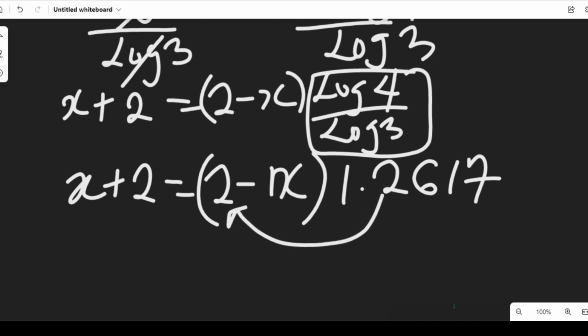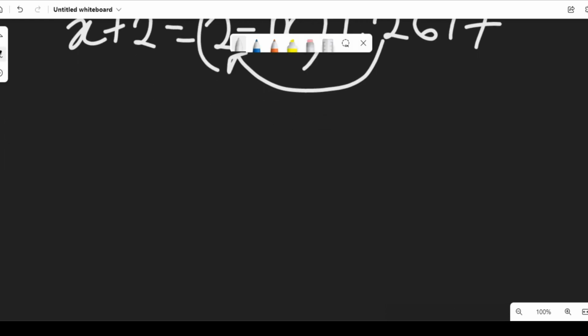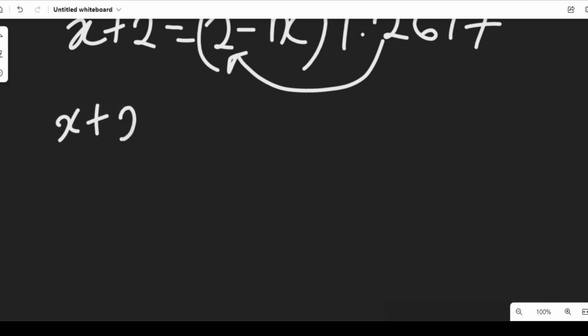1.2617 will multiply this, and it will also multiply this. So we'll have a system in which x plus 2 is equal to 1.2617 multiplied by 2.